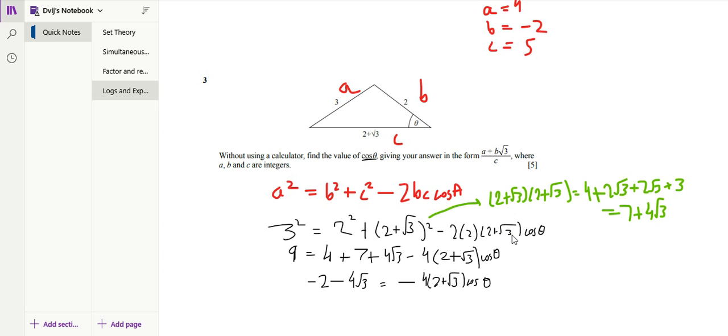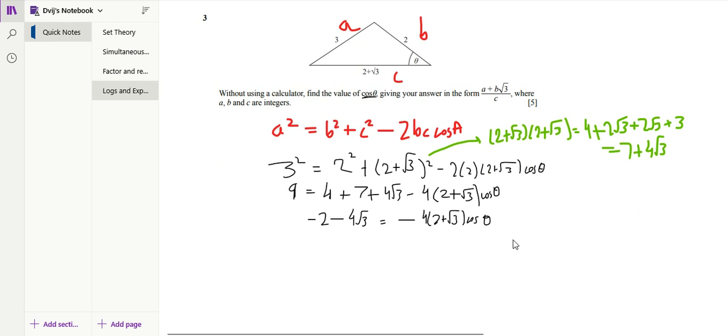So now is the part they're kind of looking to examine you on, because to get the cos theta, you're going to have to divide both sides by this constant here. And the tricky bit is that you'll have to rationalize the denominator in order to get it in this kind of form.